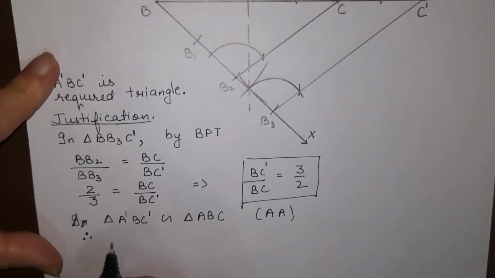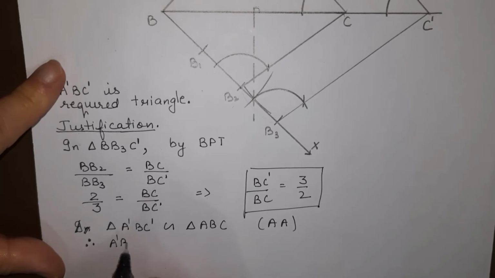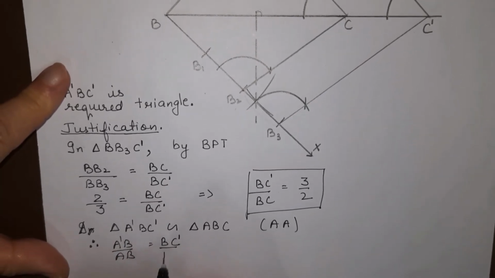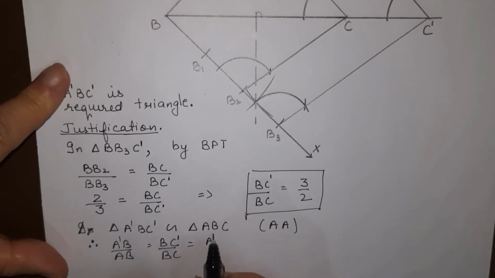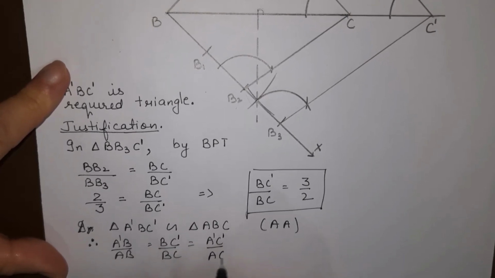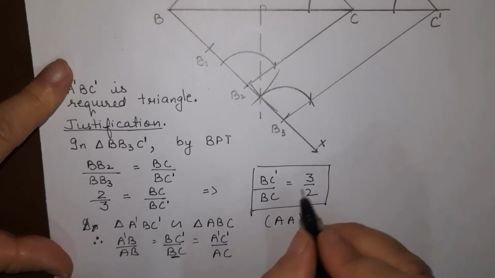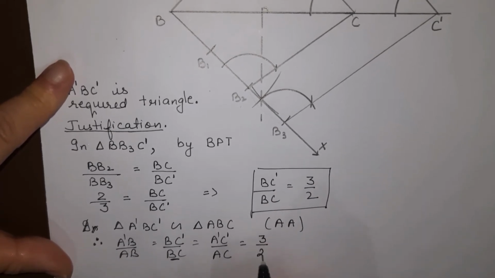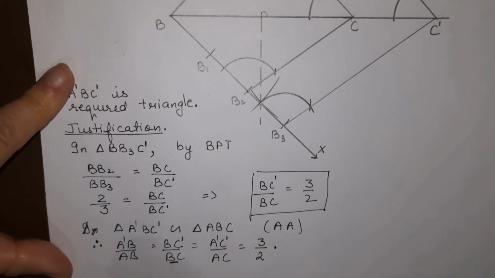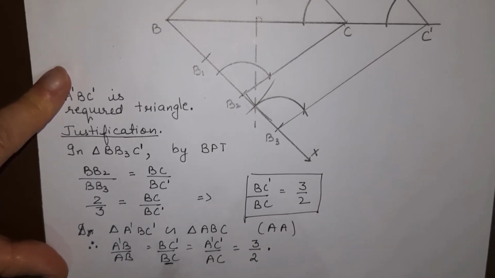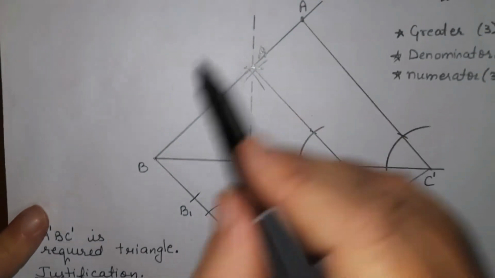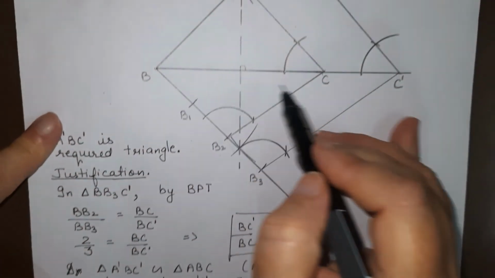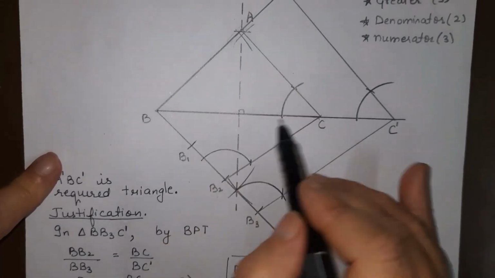So let us write the proportional sides: A dash B over AB, B C dash over BC, and A dash C dash over AC. Now see this ratio. This ratio is 3/2. So all the ratios are equal. So they are all equal to 3/2. That means the corresponding sides of this new triangle are all 3/2 times the sides of the original triangle.